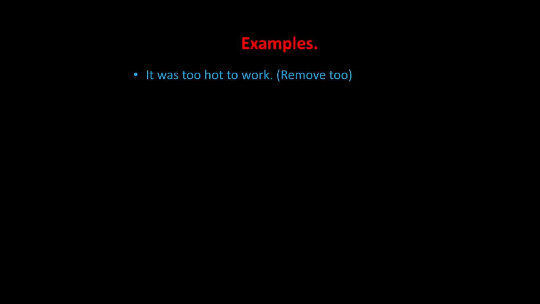We can understand these two rules with some examples. Example number 1: It was too hot to work. In this sentence, the word "too" is given. If we want to remove "too", we have to follow two basic rules. First, we remove "too" and use "so that" instead, and the affirmative sentence becomes a negative sentence.